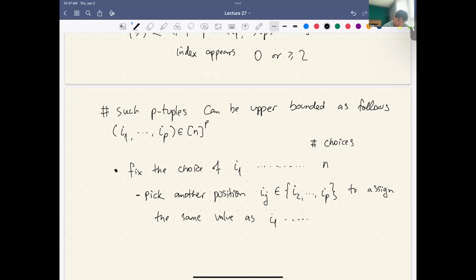And the number of such choices is p minus 1. Okay, you have p minus 1 positions.